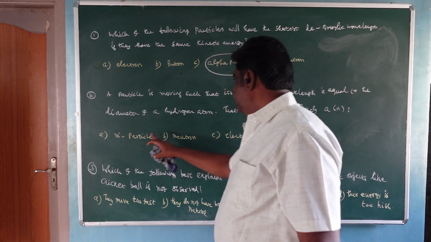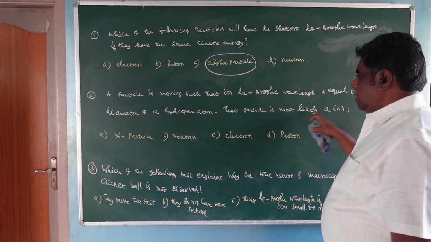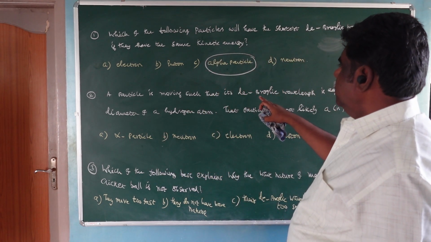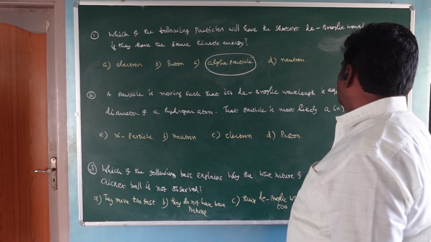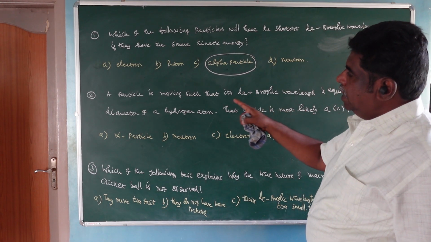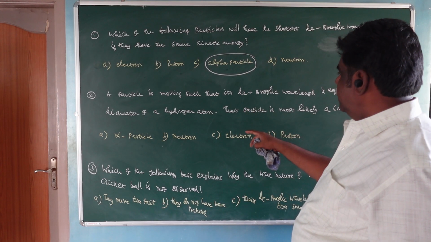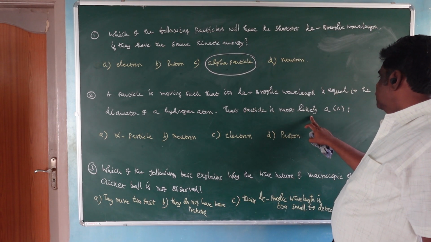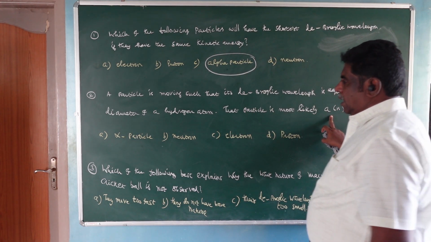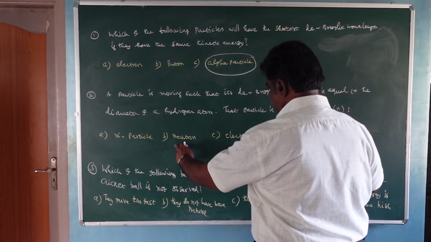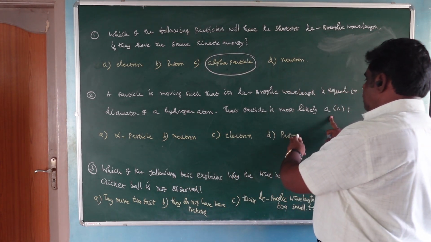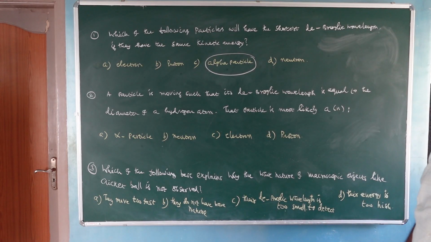That means a particle is moving such that its de Broglie wavelength is equal to the diameter of a hydrogen atom. That particle is most likely an alpha particle, a neutron, an electron, or a proton.